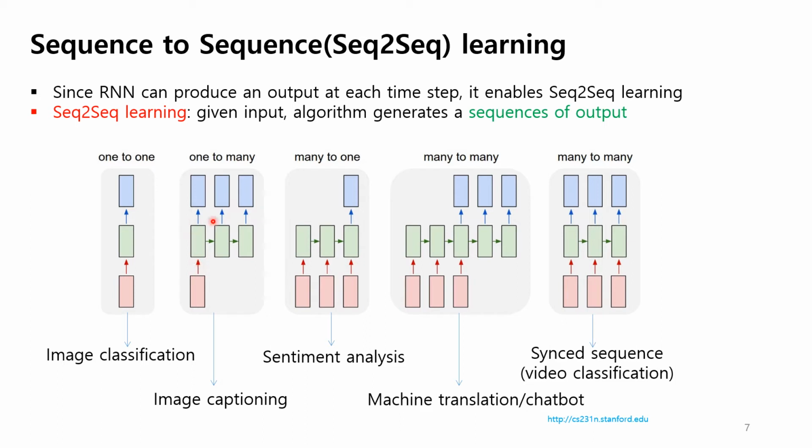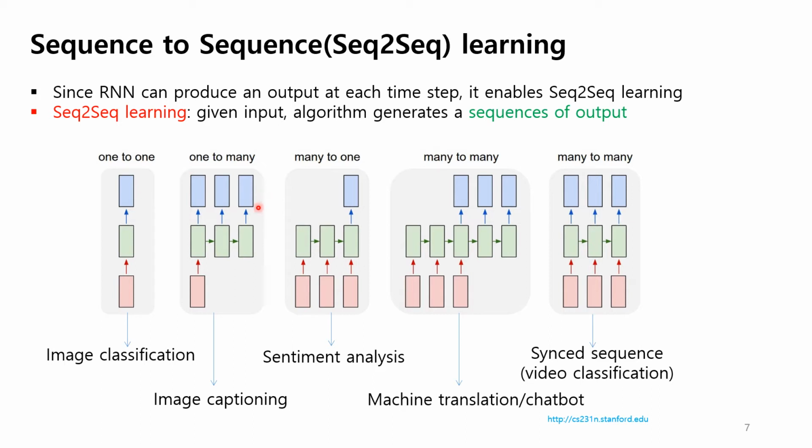And this RNN produces many outputs, and the whole thing becomes a sequence of output. Let's say each output is a word, then the whole thing is a sentence. So input is an image, and the output is a sentence.